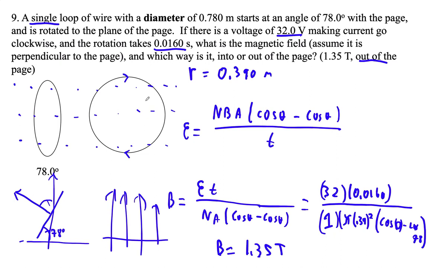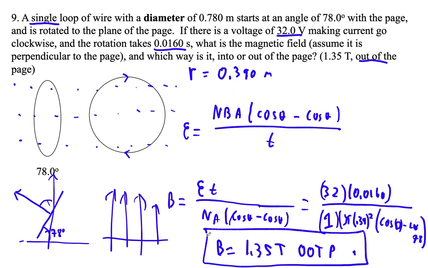Then that must be, if we gained it, we opposed it, right? So we created flux into the page as a response to this. So the flux must be out of the page. Okay. So 1.35 Tesla, out of the page, or dot. Woohoo! All right.